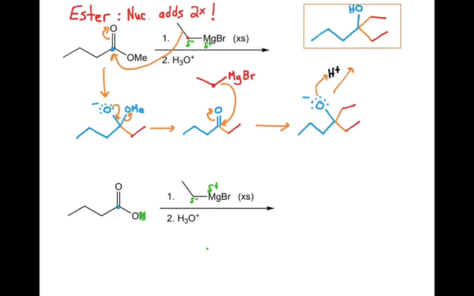So let's just draw this H out, just so we can show the mechanism of what actually happens here. So now instead of attacking our electrophile, what happens is you actually simply deprotonate the carboxylic acid.